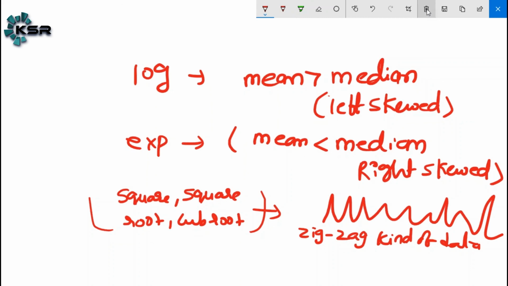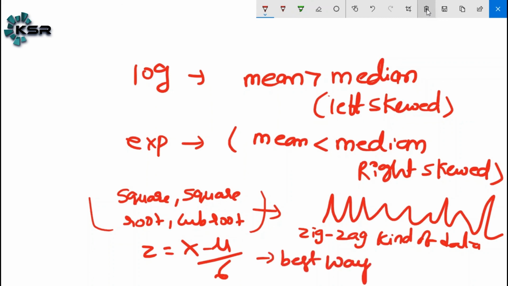If I don't know anything about the data, then the best way to transform the data is by using the formula z is equal to x minus mu by sigma.